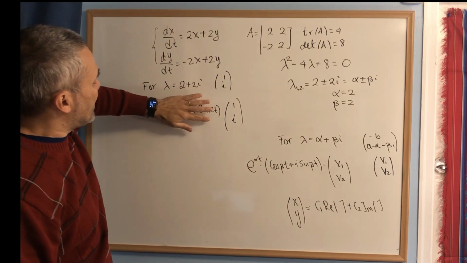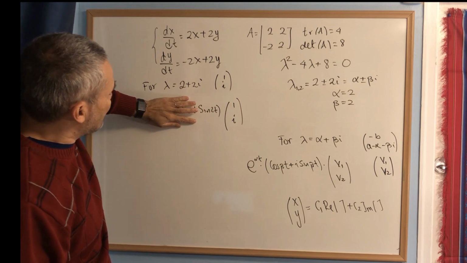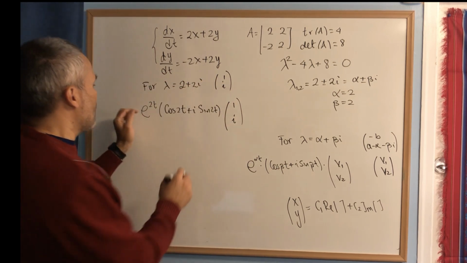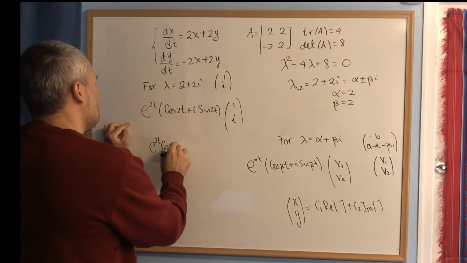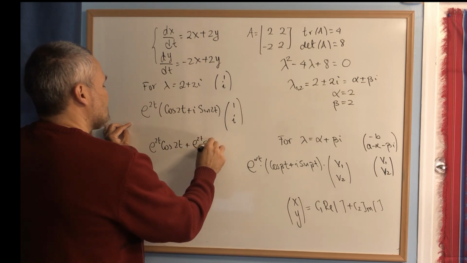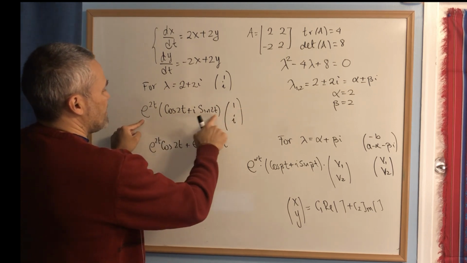Notice that we are multiplying a number by a vector. How to multiply a number by a vector? We multiply the number by this entry and then by this entry here. Then when we do that, we get e to the 2t cosine of 2t plus e to the 2t sine of 2t times i.